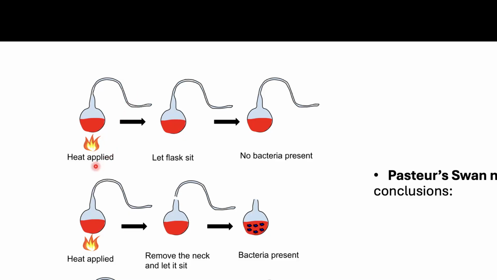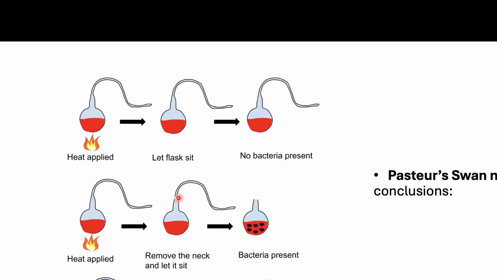So first he did the same as Spallanzani's idea. He heated the broth, then let the flask sit, but still there is no bacteria. This disproves the theory that air alone creates microorganisms, because microorganisms cannot reach the broth due to the design of this swan neck. That is why there is no bacteria present.